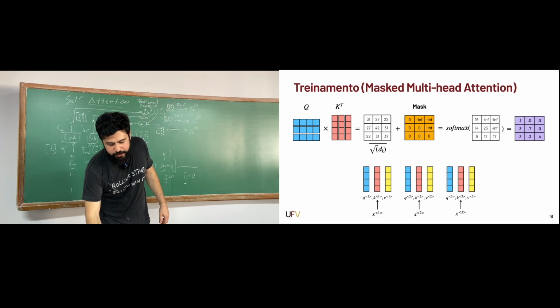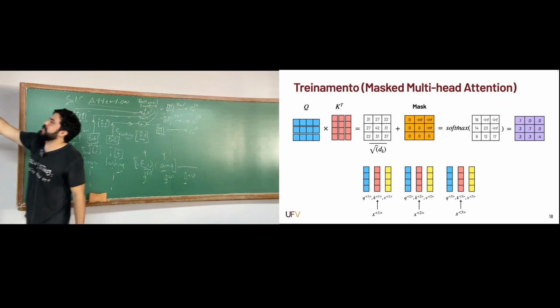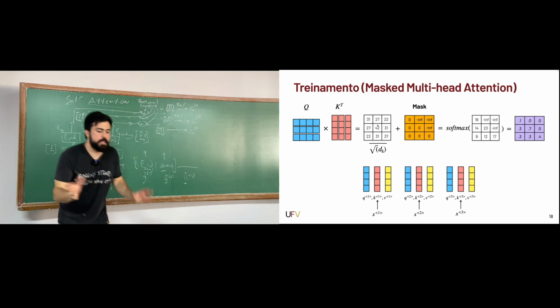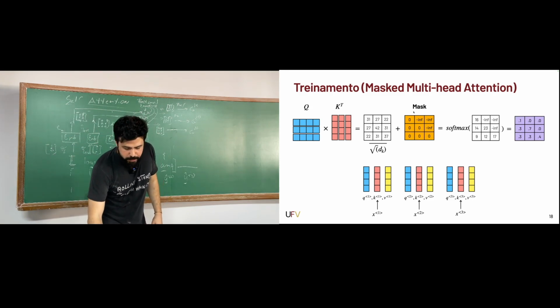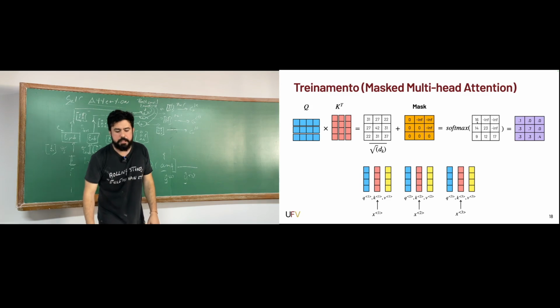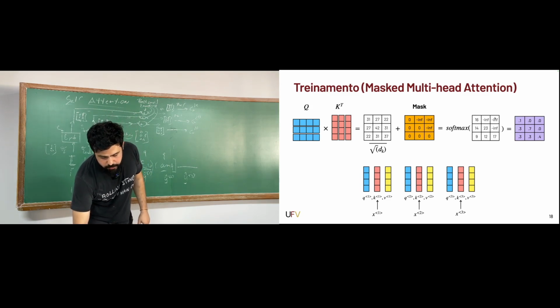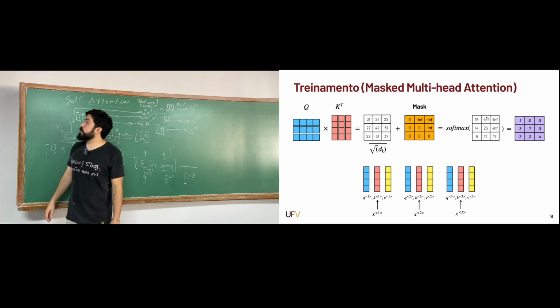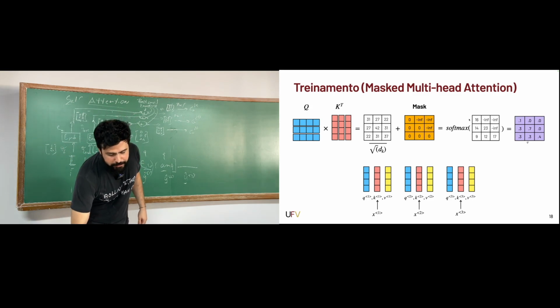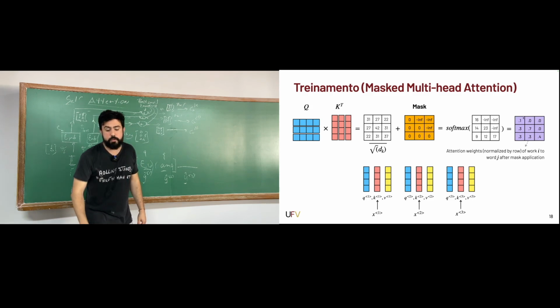Because when you sum the mask with the QK multiplication, because of these zeros, the bottom left doesn't change, it's the same. Sorry, this 16 here is because of the division here. But you keep this part untouched, and the top right corner is masked. It's minus infinity. So when you apply the softmax, the probability of those words goes to 0.